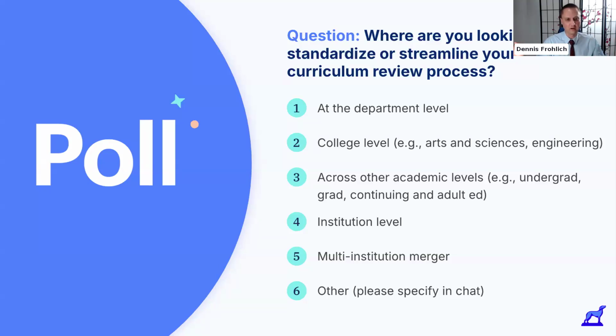Some departments are quite large. Some departments have lots of different disciplines housed in the same place that really don't go together, but administratively they're put together. So there are definitely opportunities at all levels to streamline the curriculum review process, because it can be so different even within an institution, college by college or department by department.